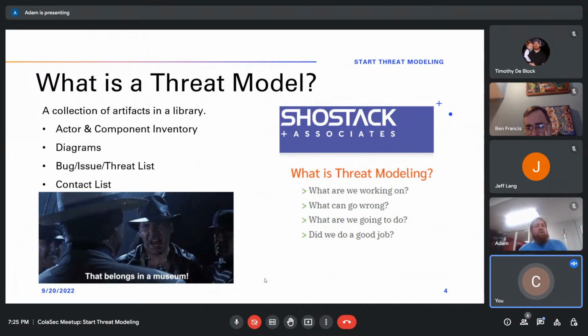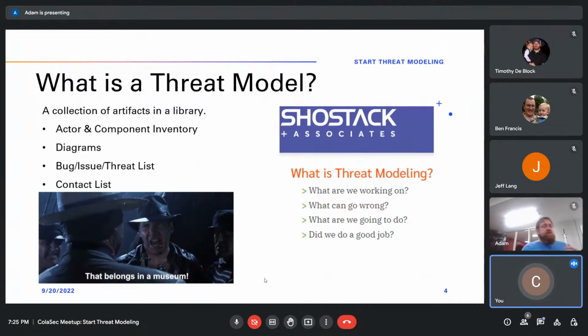Diagrams are a super powerful tool for explaining how things are connected, which resources use which assets within your environment, what actors, so people, are actually interacting with the system as intended, and who can abuse the system. If you enumerate all of the actors you expect to have, you can start to get a feel for who might abuse the system and how they might go about abusing it.